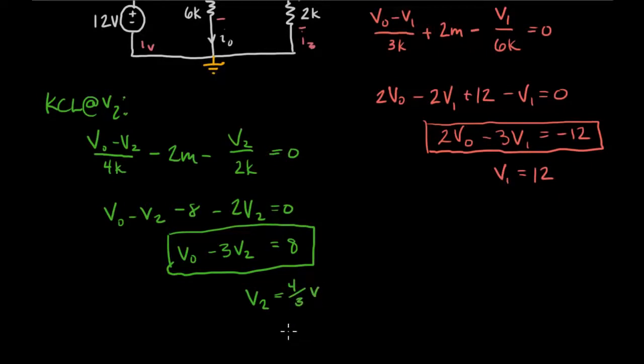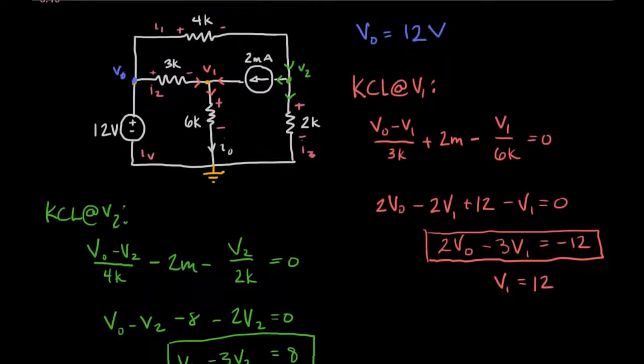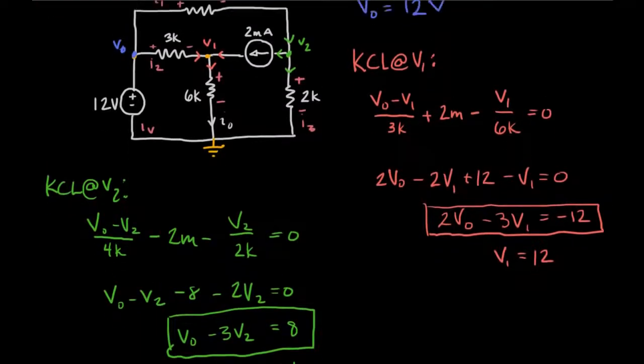Okay, and so we've solved all of the branch voltages, and it's really a matter of simple math now to go back and solve for the branch currents. Okay, because recognize that this right here is I2.